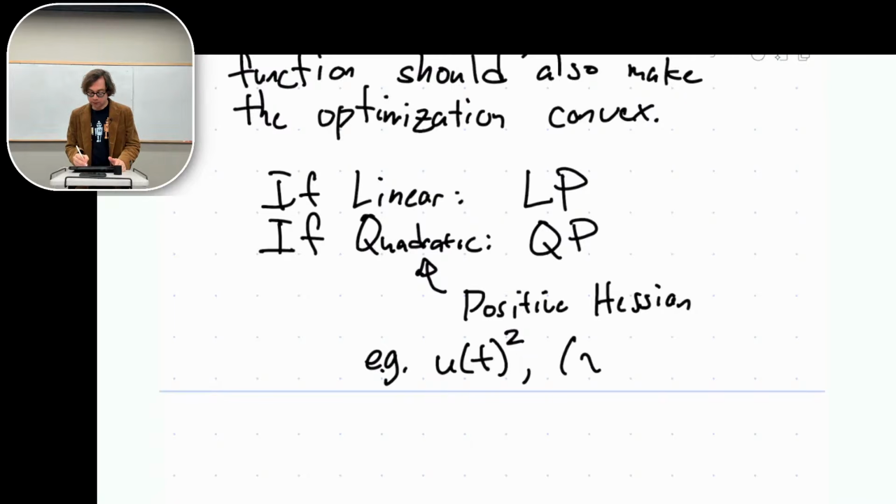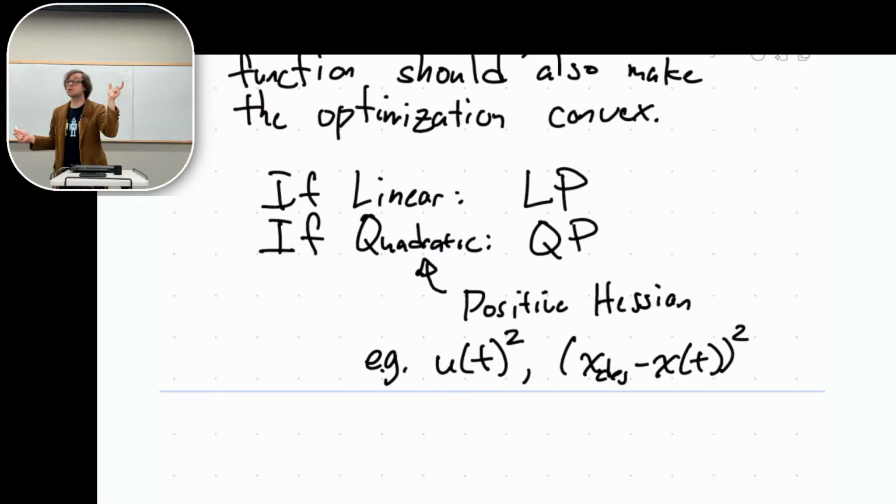Also, let's say you have some x desired minus x of t. That's an error term, where you want to go versus where you are. Minimize error. Guess what? Those are all going to be concave up. And that's good news. It's a convex quadratic program, so it'll run fast. That's precisely what we do with that example I showed you with the drone.